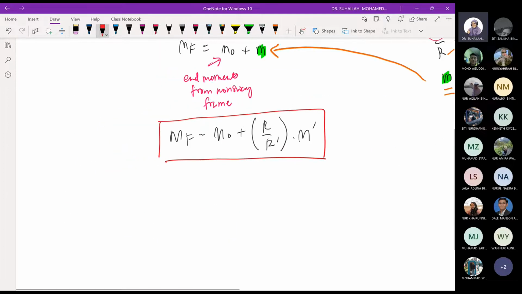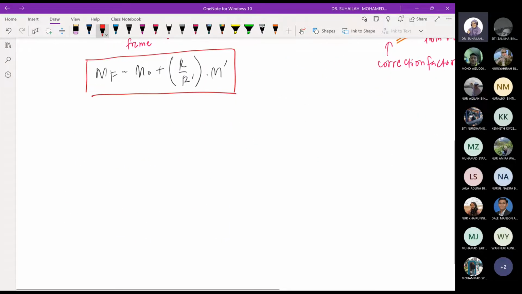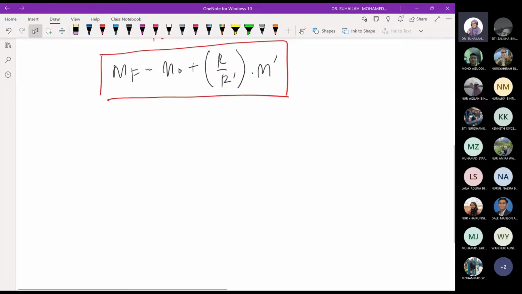So we can summarize all the steps like this. In a frame with Sidesway analysis, I can divide it into 4 main steps. Step number one, of course, we have to calculate K and DF as usual, and K and DF will be used in both table number 1 and table number 2.